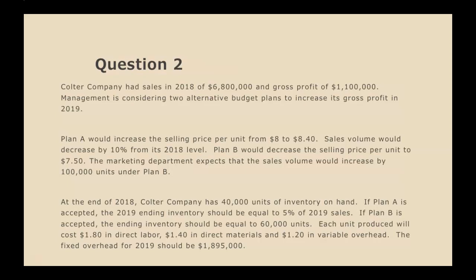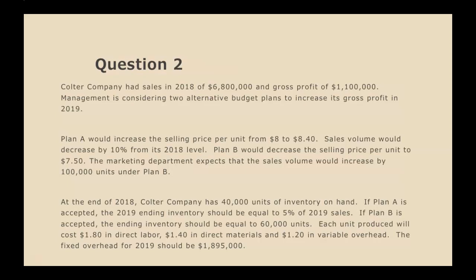So yes, we are selling each unit for more, but we're going to be selling fewer units. So we'll see what kind of effect that has on our gross profit. Plan B would decrease the selling price per unit down to $7.50. And when doing so, the marketing department expects that that will increase the sales volume by 100,000 units.